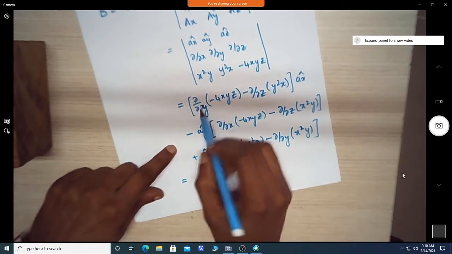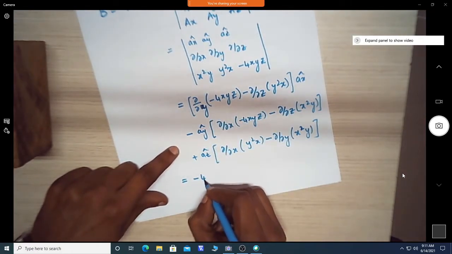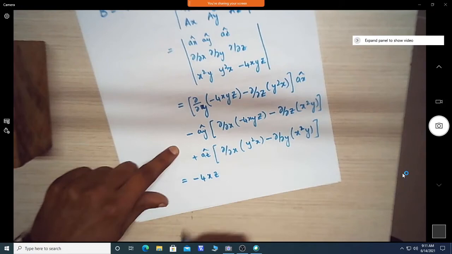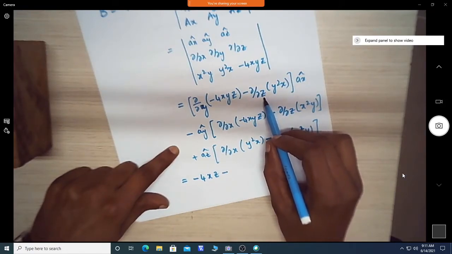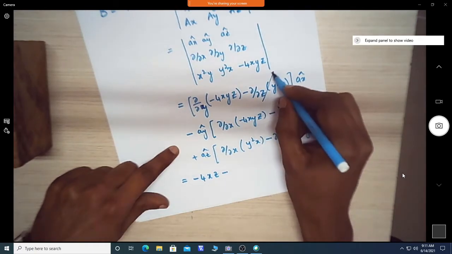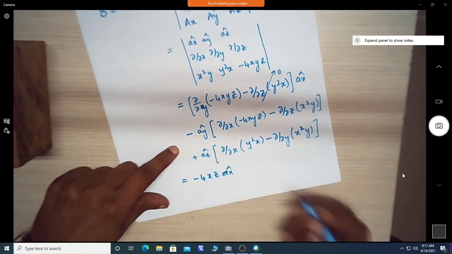So differentiate with respect to y, we will get minus 4xz. Minus, differentiation with respect to z will go to 0. So this is in the direction of ax.